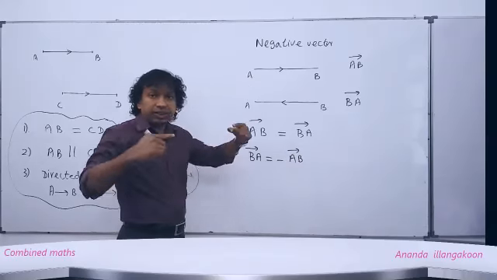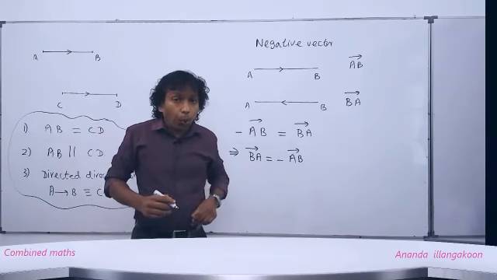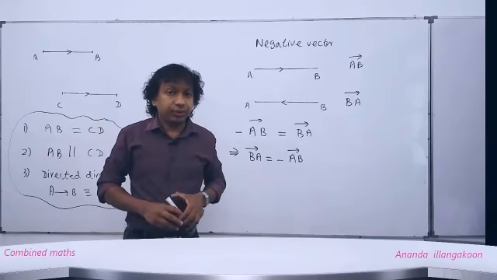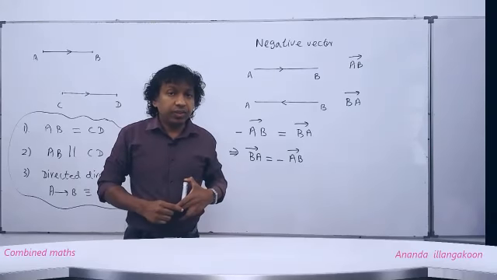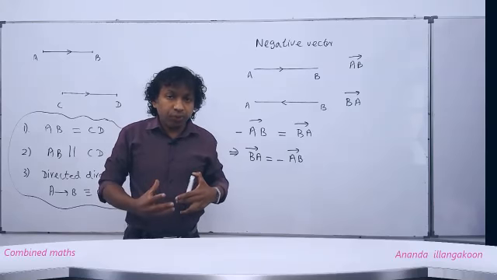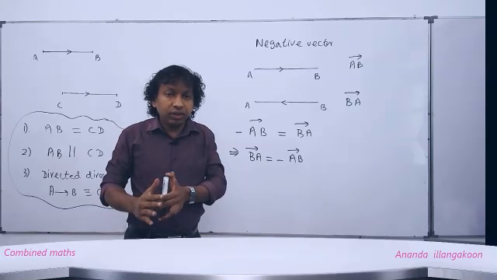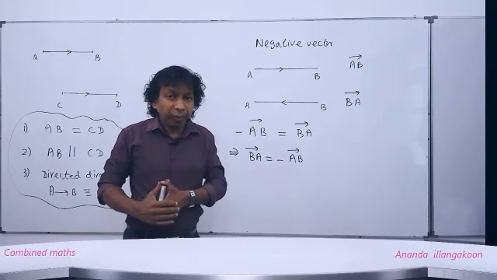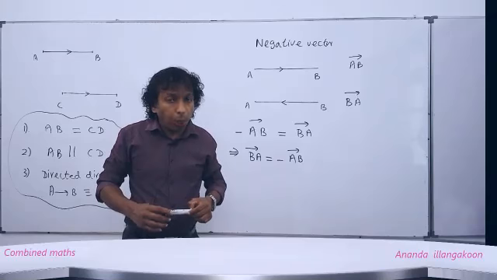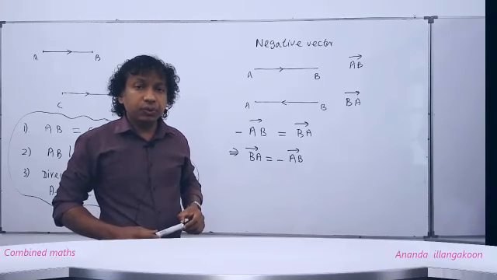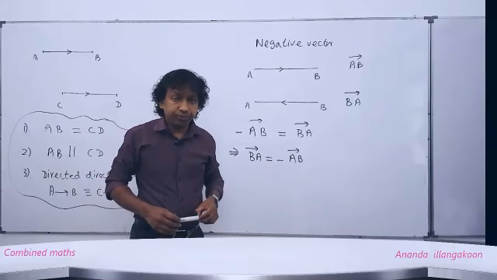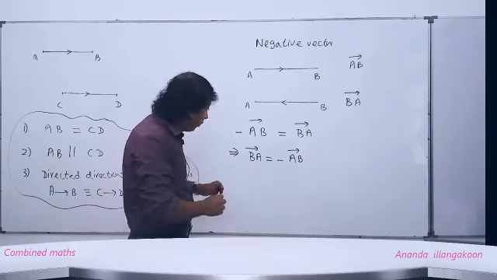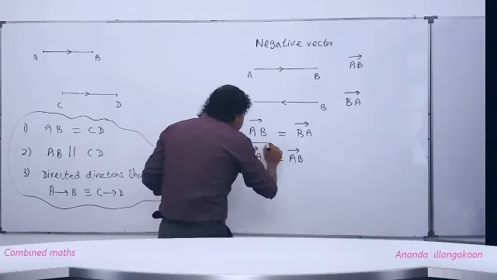So the directions are opposite. The opposite nature we explain in maths by putting in a minus sign. Remember, if something is opposite to another given thing, then we use a minus. So the idea of opposite, in maths, we use with a negative sign. Understood? Right? This is how we can relate the two vectors.